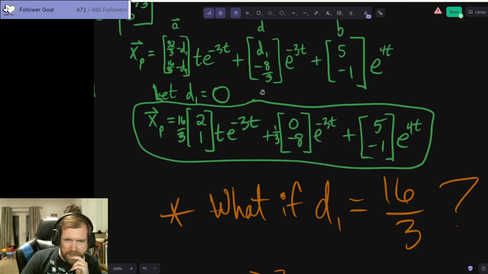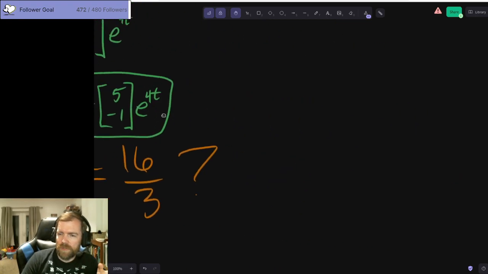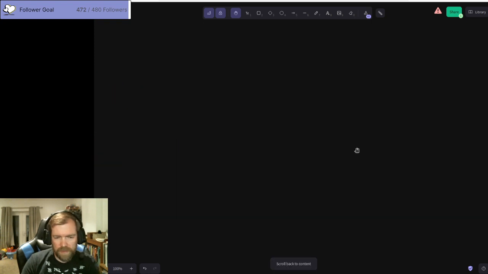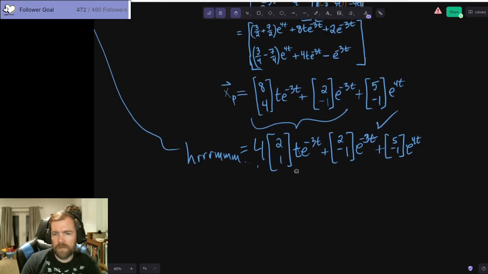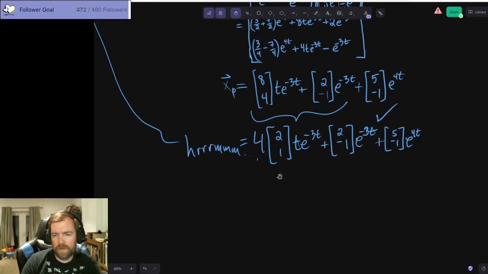The problem is that if we do that, then we get these funky sorts of looking constants and things like that all attached to this. And when we go to our other solution that we found using matrix multiplication, we end up with 4 times the vector 2, 1, t e to the negative 3t, plus 2, negative 1, e to the negative 3t.